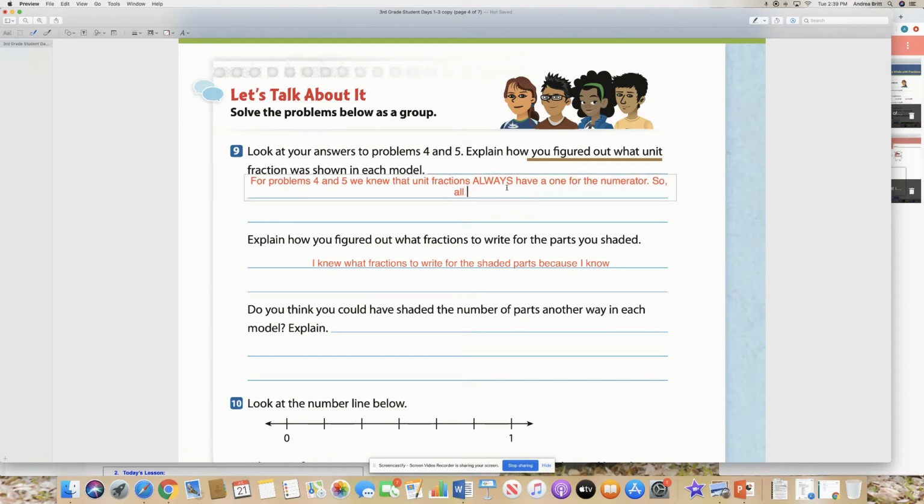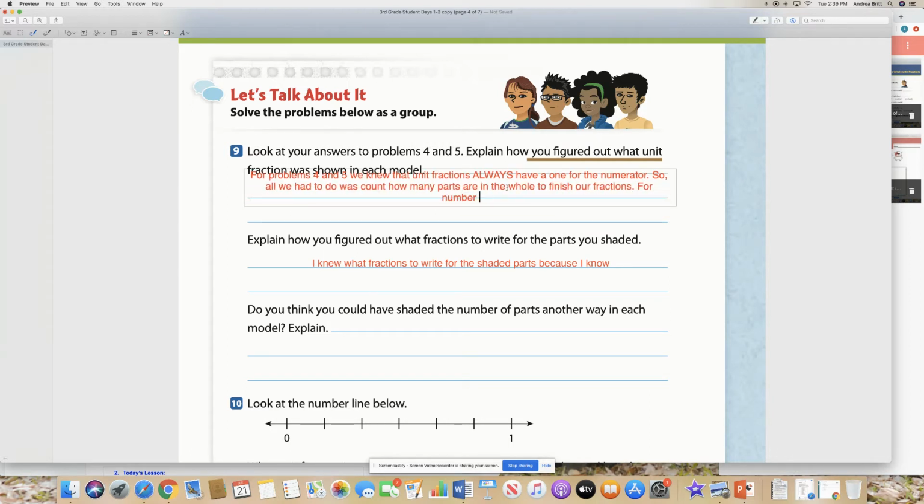So all we had to do was count how many parts are in the whole to finish our fractions.